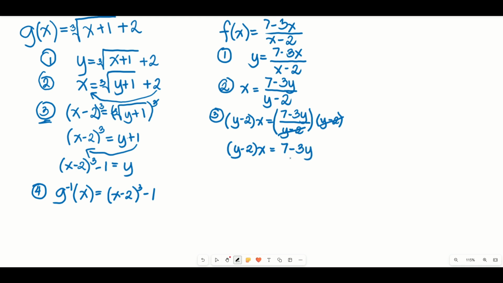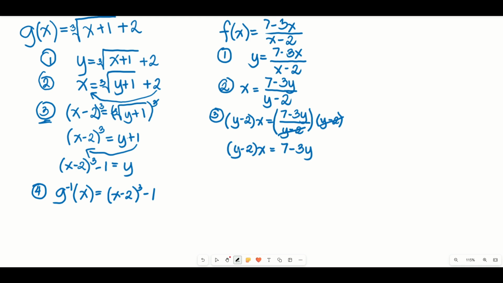And at this point, medyo hindi pa natin pwedeng ihiwalay basta si y. Our goal is to isolate y to one side of the equation and lahat ng walang y to the other side. But since meron pa tayo dito, as you can see here, may nakamultiply pa tayo dyan, y minus 2 times x.